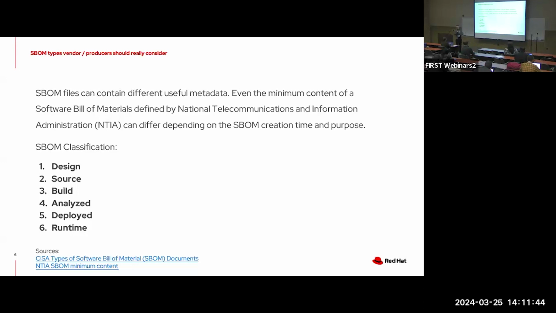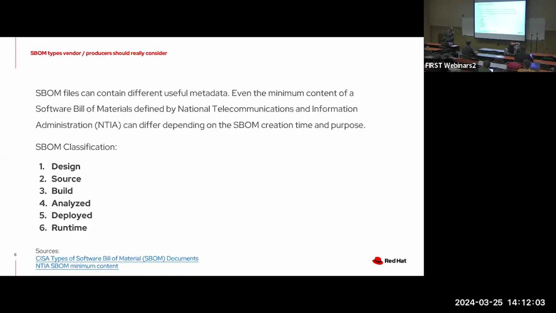Build covers everything that is used to build specific components. That includes build time dependencies and runtime dependencies. Analyzed is another type of SBOM where you can include more information specific to the build pipeline, for example.